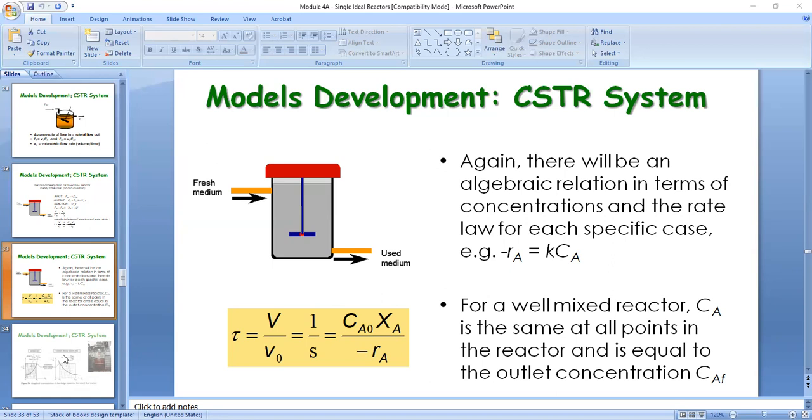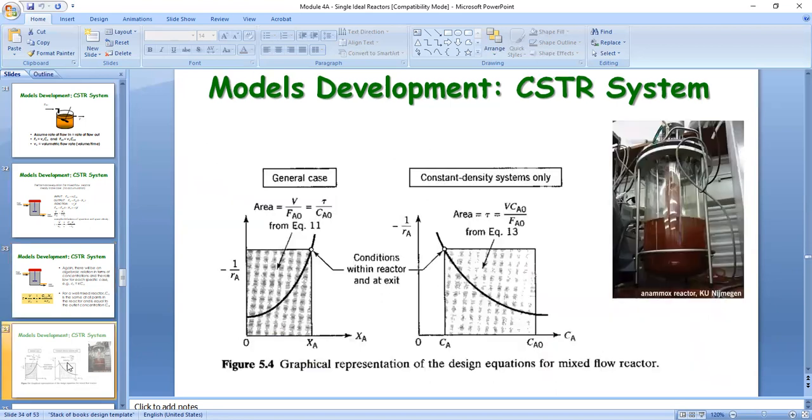Now, as to the graphical interpretation of the CSTR, you have here the graph of XA against the reciprocal of the rate, and you also have it here, CA against the reciprocal of the rate.